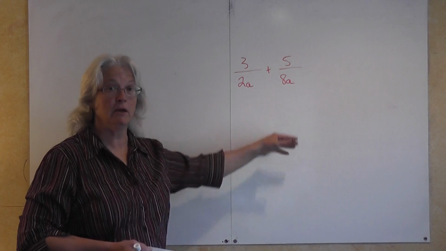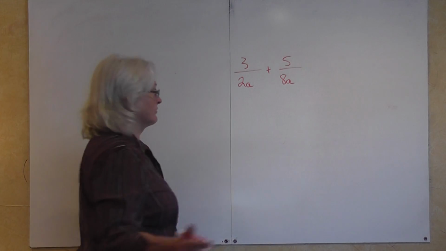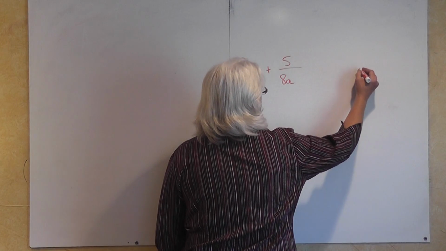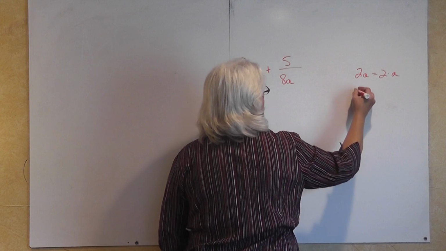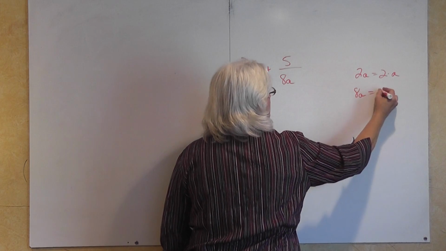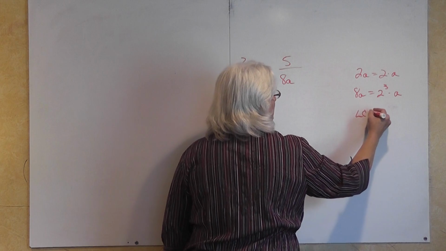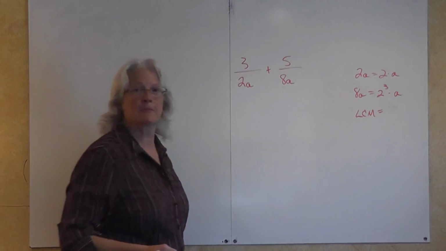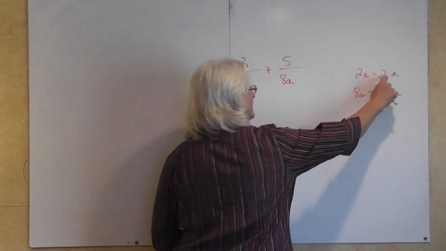But let's go ahead and use the methodology that says factor each denominator. 2a is 2 times a, 8a is 2 cubed times a, and our least common multiple is going to be each unique factor that appears.